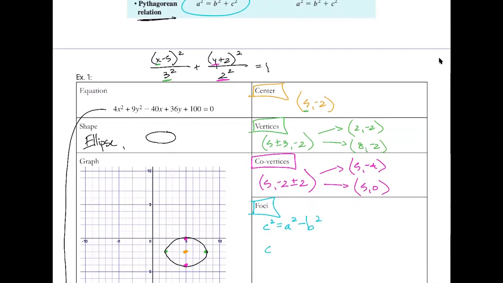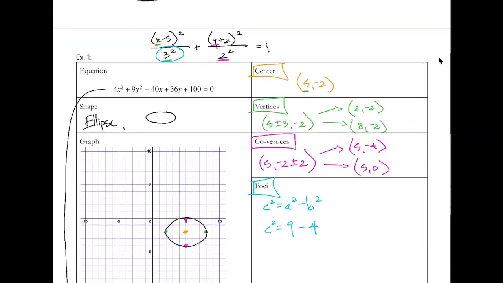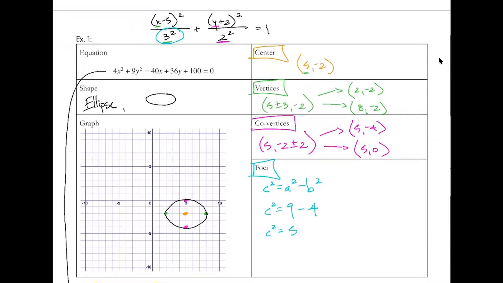But this gives us c squared equals a squared is the bigger number, so 3 squared or 9, minus b squared is the smaller number, so 2 squared is 4. So we end up with c squared equals 5, but more specifically, c equals the square root of 5. And the square root of 5 is what I add or subtract to the center to find the foci, okay?